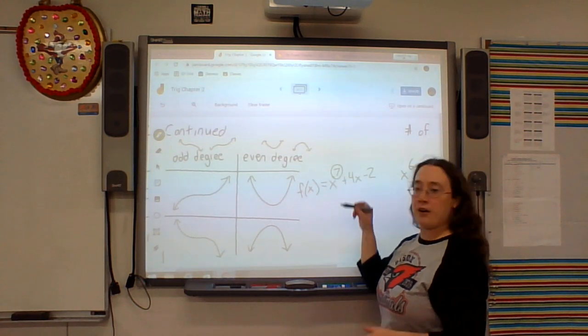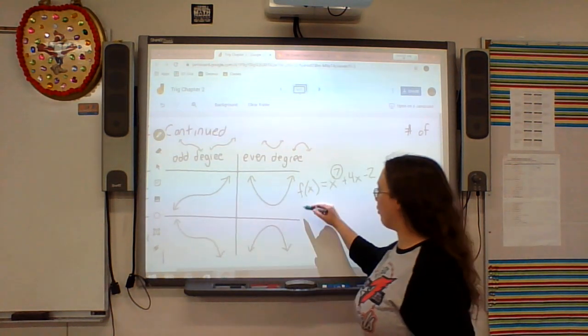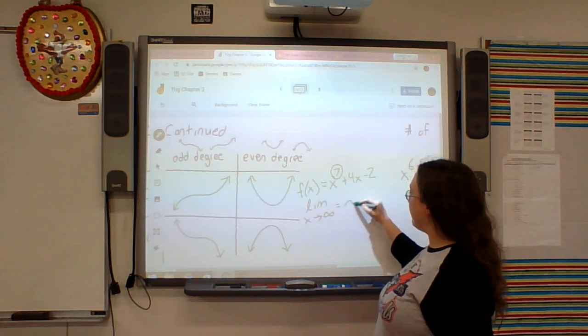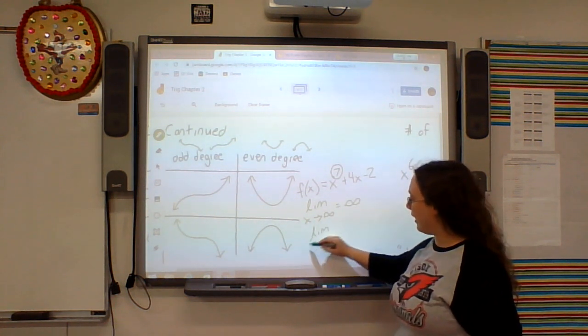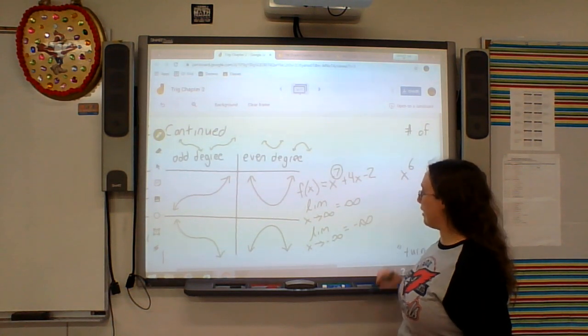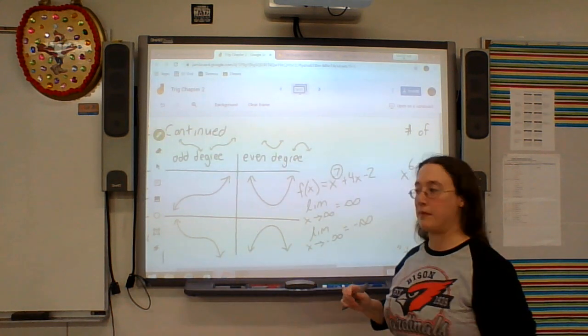If there's not a number out front, it's a positive leading coefficient, so our end behavior is going to look like this. So our limit as x approaches infinity is going to be infinity, and our limit at negative infinity is going to be negative infinity. So without even having a graph or function, boom, we know what our end behavior looks like.